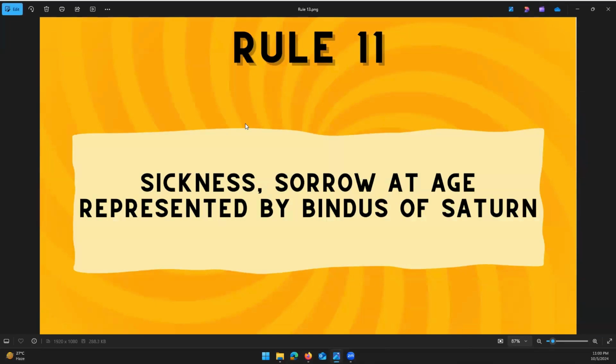Then rule number 11 is related with Saturn. The Saturn rule says sickness, sorrow at the age represented by Bindus of Saturn, which means we have to see which house Saturn is placed in and what is the SAV total Bindus in the Sarvashtakavarga for that house.